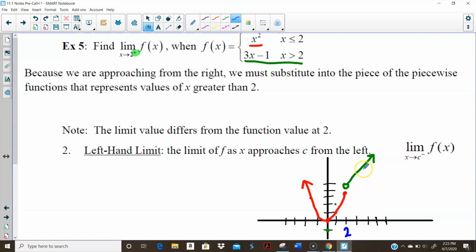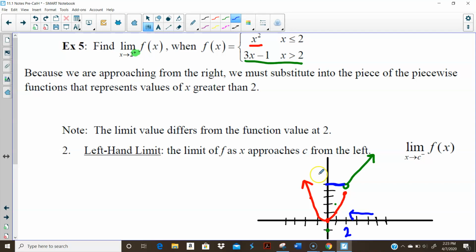So I'm trying to see where I'm approaching. At 3, I'm here. And you can see I'm coming in to the number 2 from the right-hand side. So at 2, I'm here. Now I know it's undefined, but I'm not finding f of 2. I'm finding where the function is approaching.